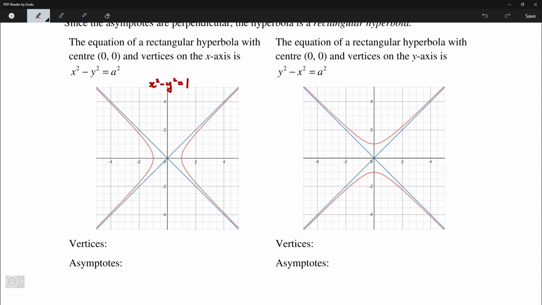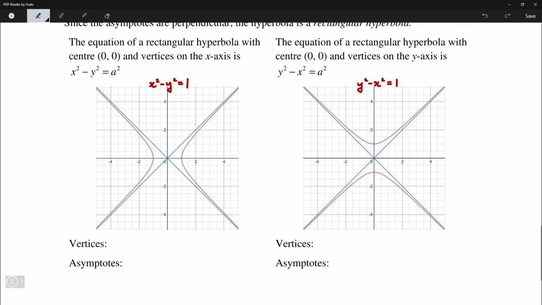So in this case, we have x squared minus y squared equals 1. The vertices are on the x-axis. On the right-hand side, this is what happens when we have y squared minus x squared equal to 1 instead. And as we can see, the vertices are on the y-axis. So the variable that's leading, that's where the vertices will be on that axis.